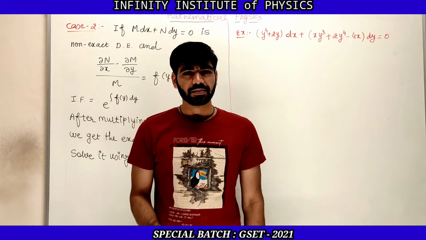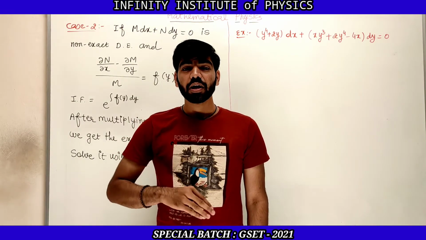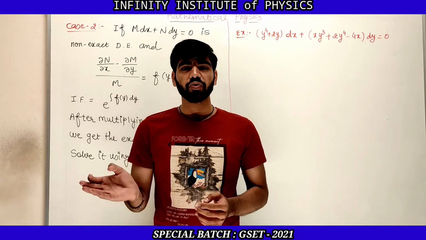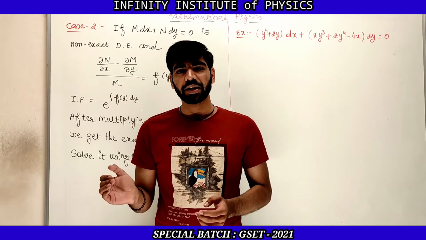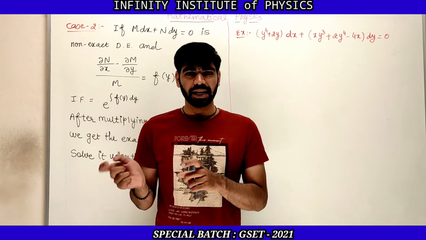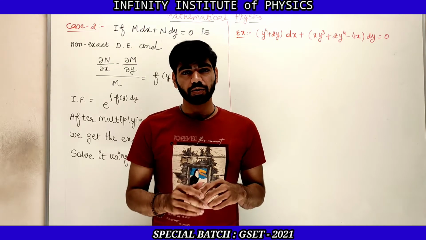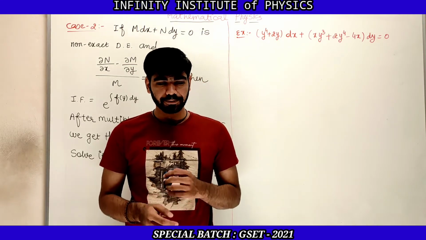The second case was if a1 by a2 is not equal to b1 by b2, then we need to introduce two new variables, capital X and capital Y, with the relation that small x is equal to capital X plus h and small y is equal to capital Y plus k. So these are the things that we have studied.